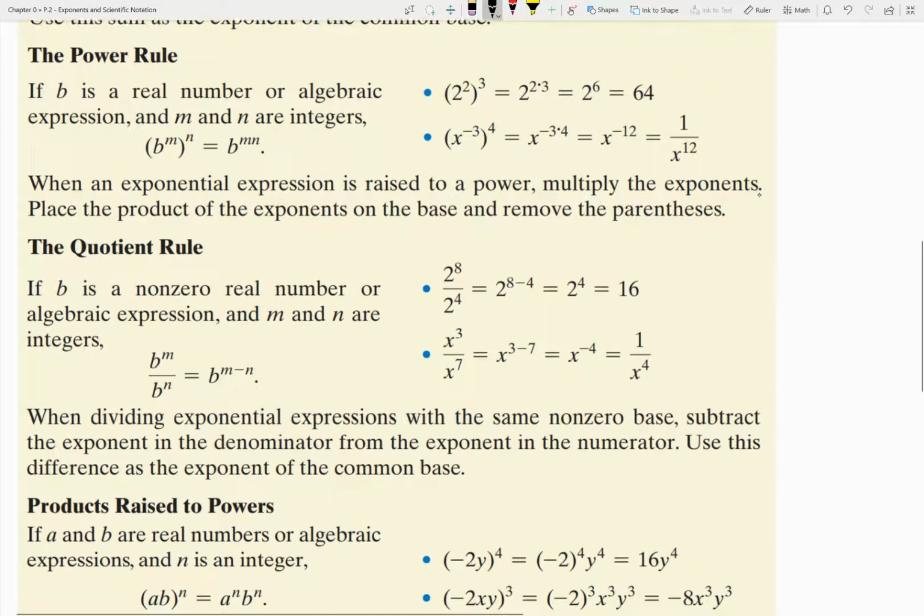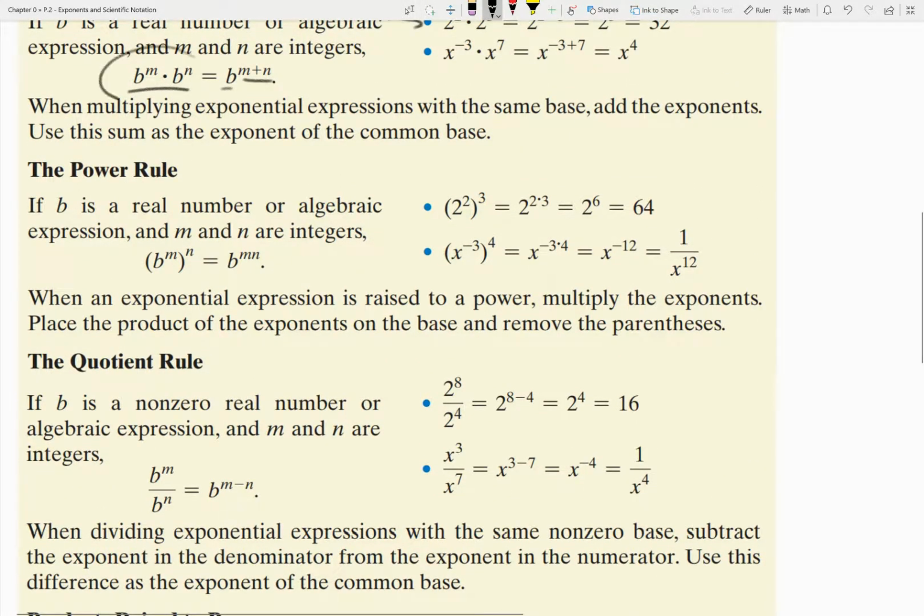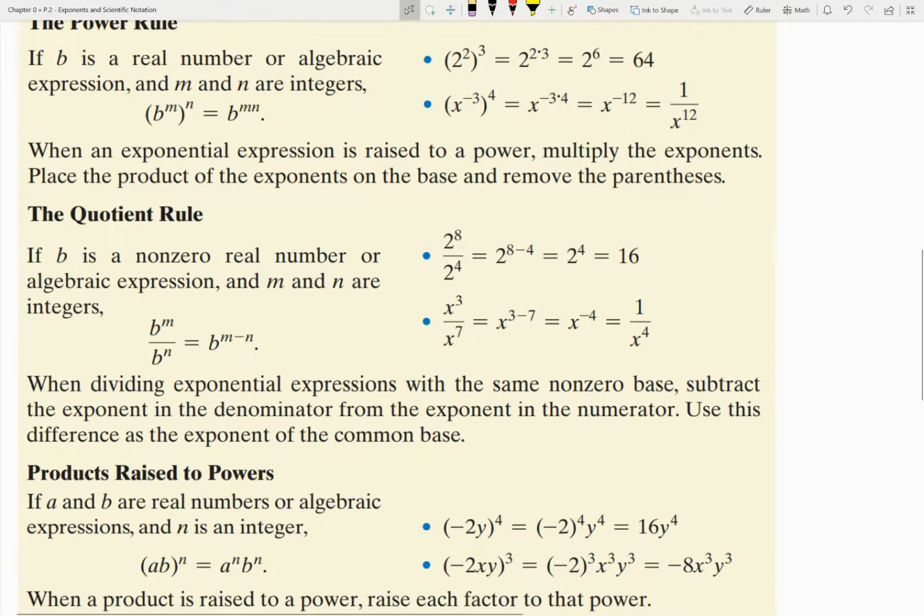The power rule. This is a power to a power. If b is a real number or algebraic expression and m and n are integers, b to the m, to the nth power, becomes b to the m times n. So with the same base, where we're multiplying those two bases together, you add, but if we have a power to a power, we have to multiply the exponents together.